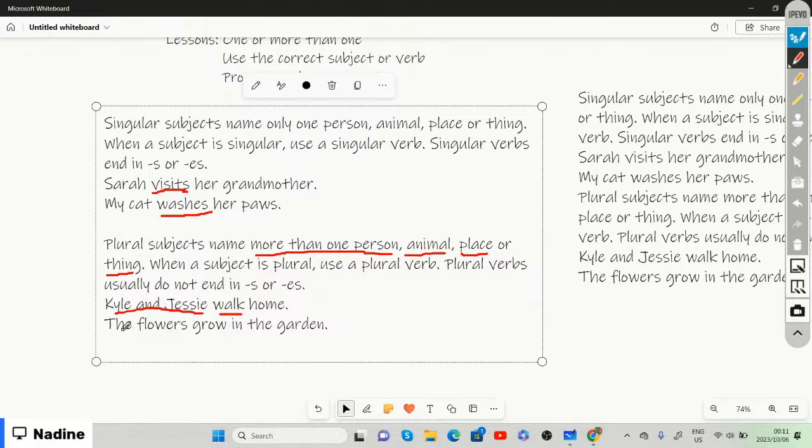So flowers indicates that there is more than one, and they grow. We don't say the flowers grows in the garden. So with plural subjects, we need to have plural verbs, and with plural verbs, we don't add s or es.